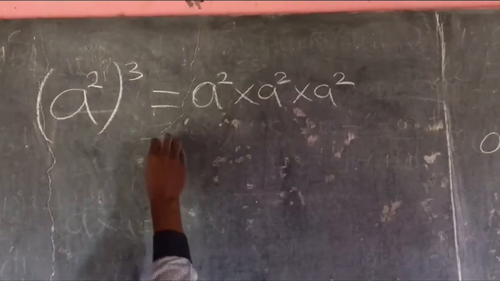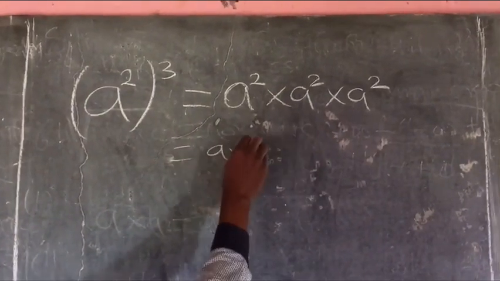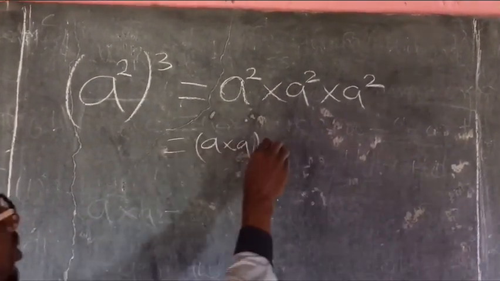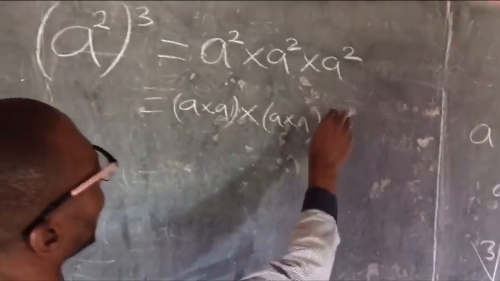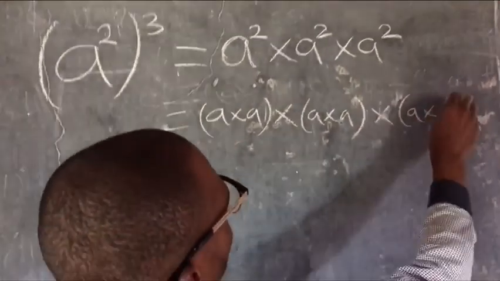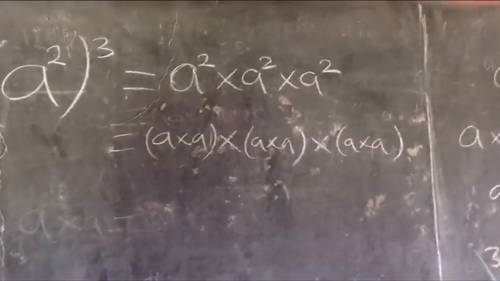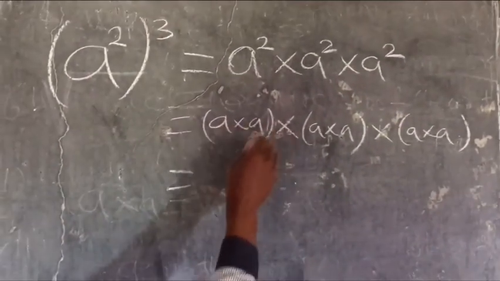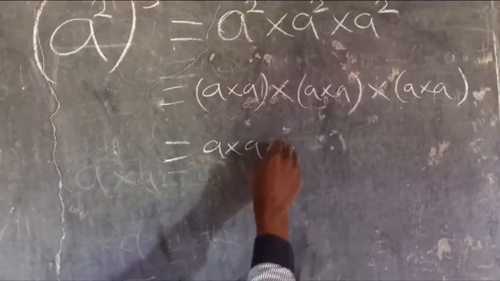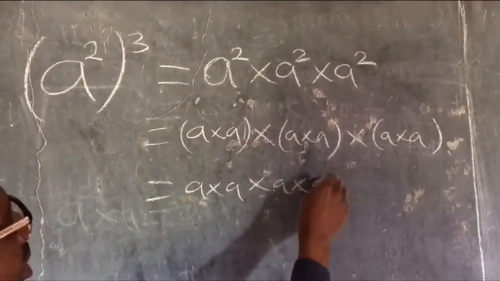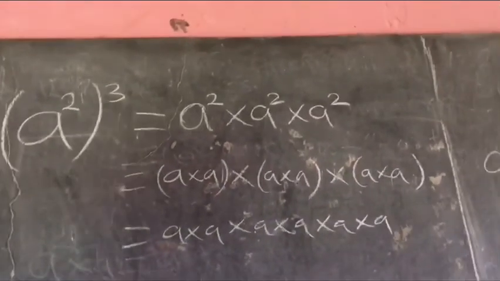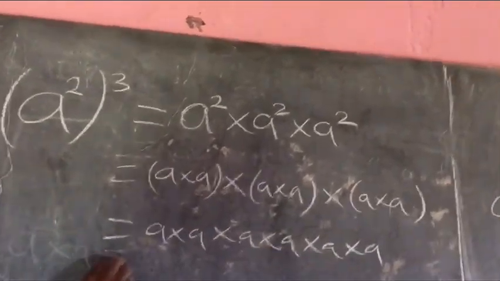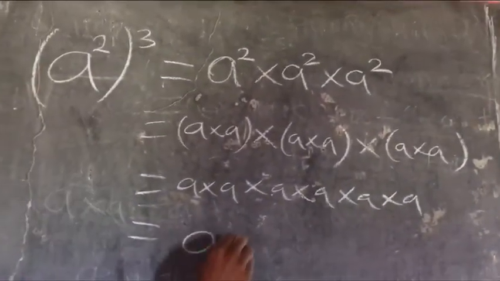If we break this down, we get a times a, times a times a, times a times a. If you count them, we get a raised to power 6.